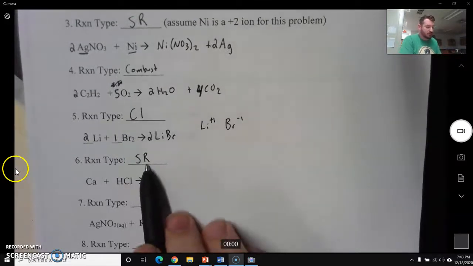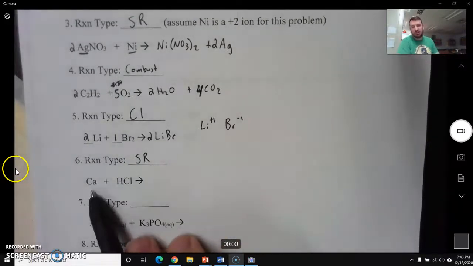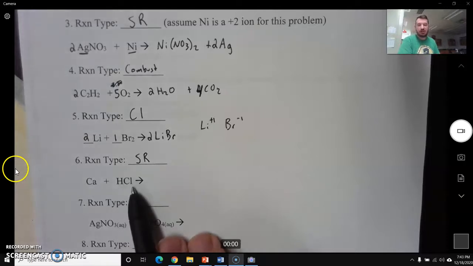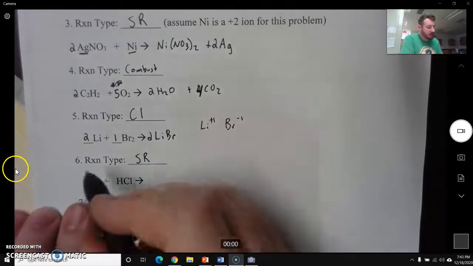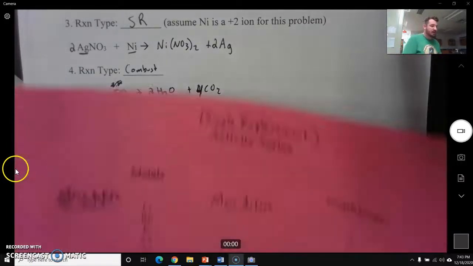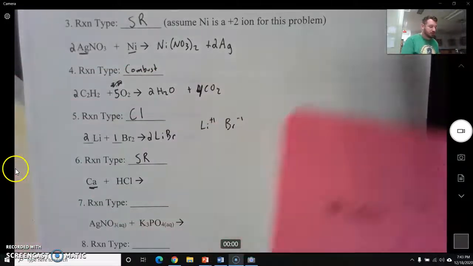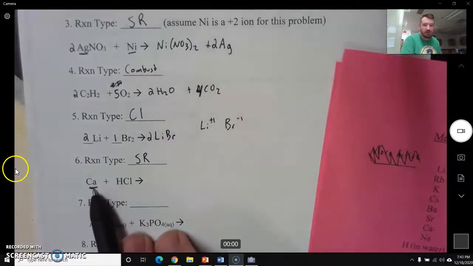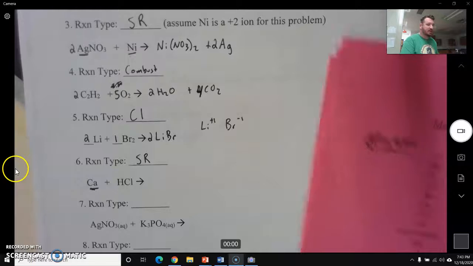All right, so back to number 6, we have a single replacement reaction, calcium plus hydrochloric acid, or we can treat this as hydrogen chloride. So I see that my first element is calcium, which is a metal. I'm using my activity series because this is a single replacement reaction, and I'm comparing calcium with hydrogen from an acid.